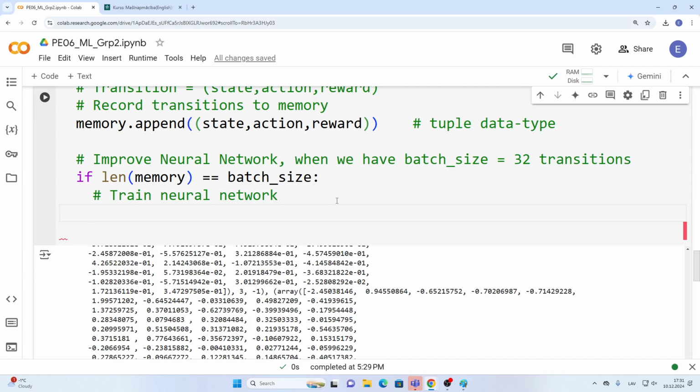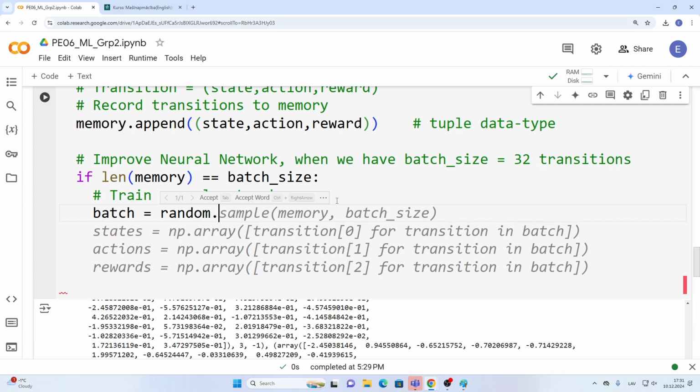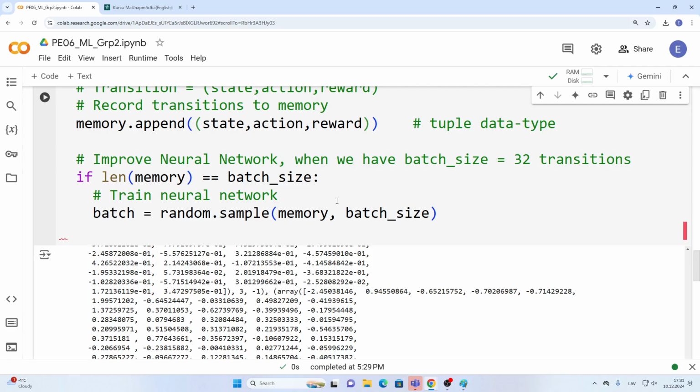What we want to do first, however, is slightly randomize this: resample and shuffle around to create a random sample of memory with the size of batch size.